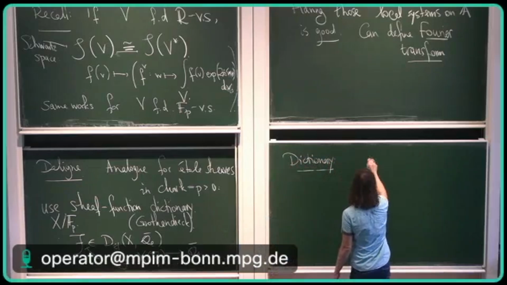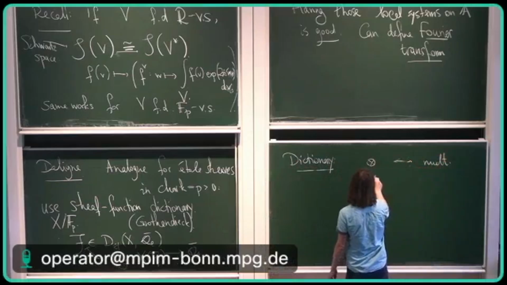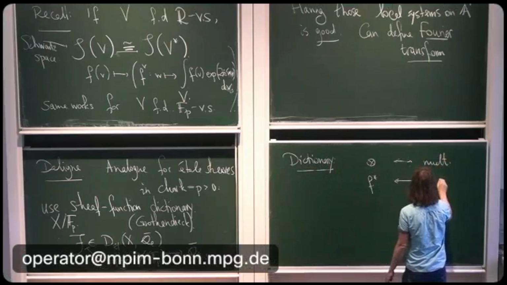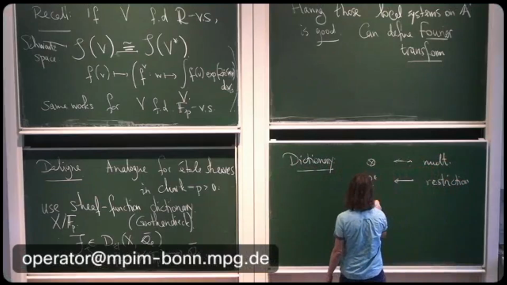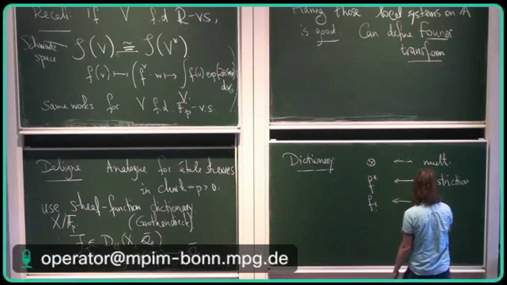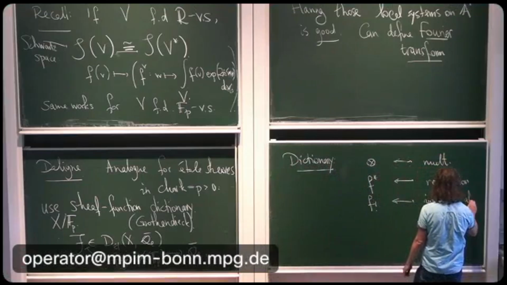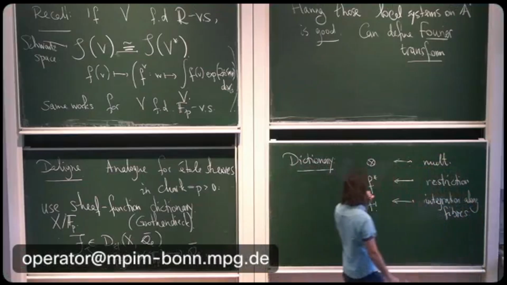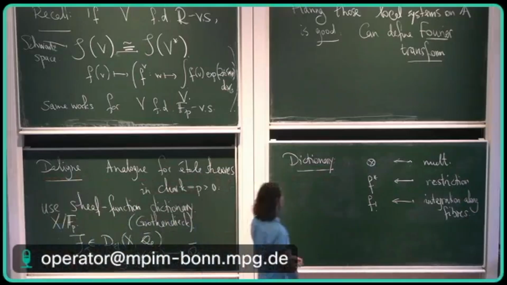The tensor corresponds to multiplication. f upper star corresponds to restriction. And f lower shriek corresponds to integration along fibers, or summation along fibers, because these are just finite sets. The right adjoint functors are more difficult to interpret. But there's extra stuff you can do on sheaves that you cannot easily do on the level of functions.